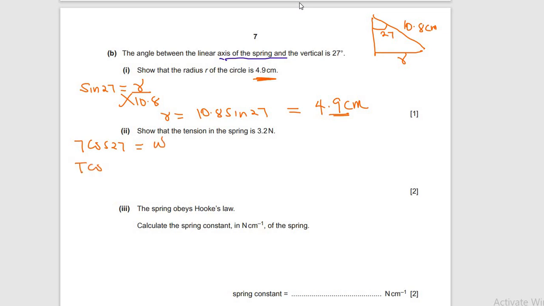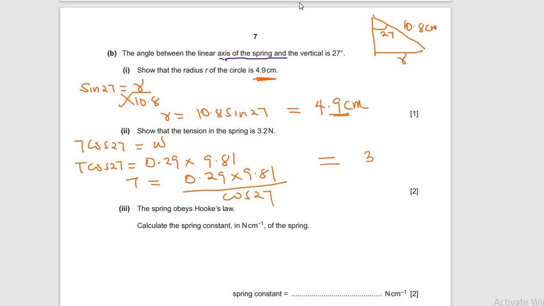What's the weight? The weight is mg. M is 0.9, G is 9.81. So T is 0.9 times 9.81 all over cos 27. When you punch it in a calculator, it's going to give us 3.19, which is approximately equal to 3.2 Newton.